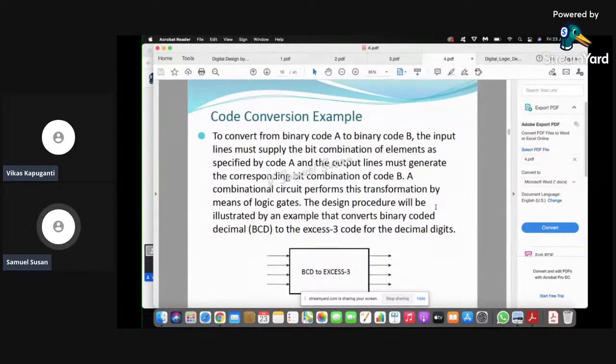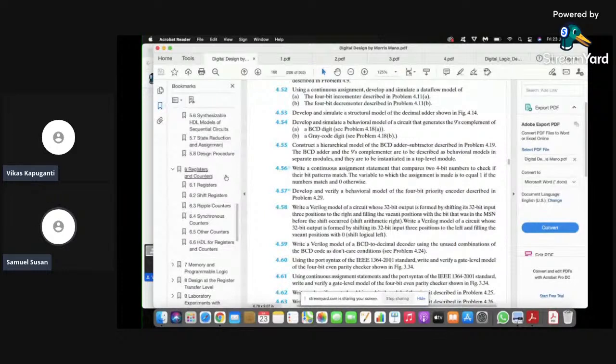Right, we can go with the textbook fifth chapter, sequential circuits. Sequential circuits start with the introduction of flip flops.